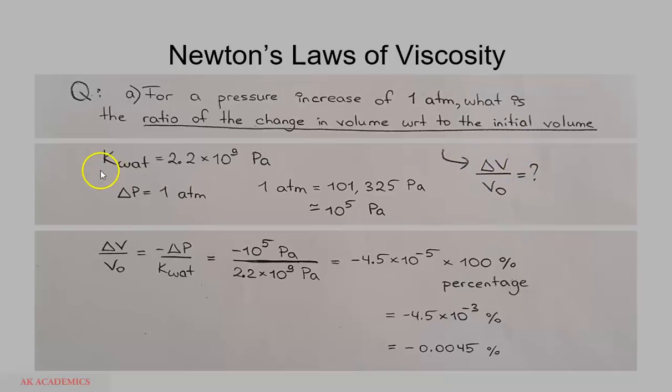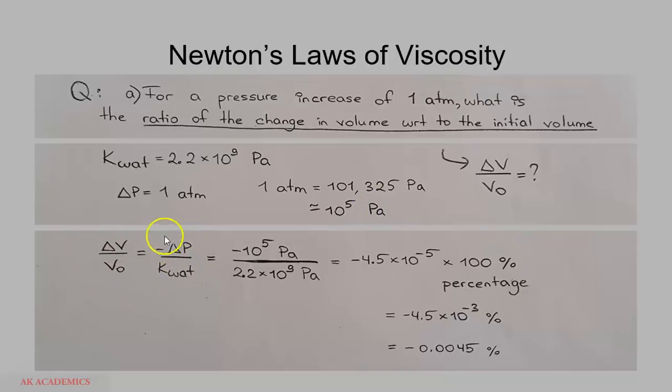We have the bulk modulus of elasticity as 2.2 times 10 raised to power 9 pascal. We have change in pressure as 1 atmosphere as given, and we do know that 1 atmosphere is 101,325 pascal, which is approximately 10 raised to power 5 pascal.